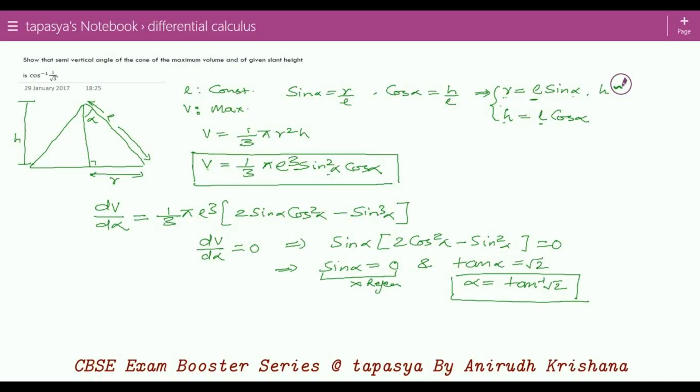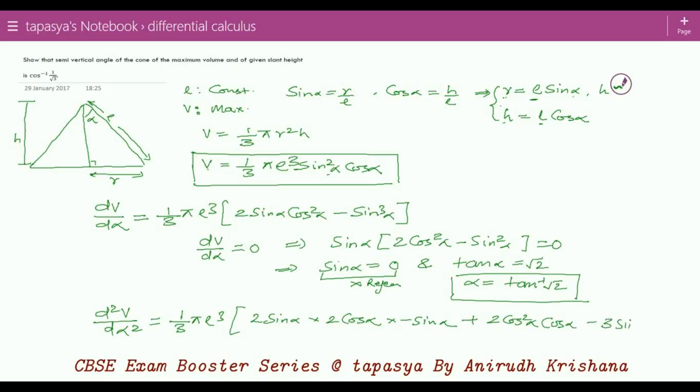So you follow the second derivative test, and find d square V upon d alpha square, which results in 1 by 3 pi L cube times 2 sin alpha, 2 cos alpha, and the derivative of cos alpha is minus sin alpha, and in the same way 2 cos square alpha, and the derivative of sin alpha is cos alpha, and minus 3 sin square alpha, and the derivative of sin alpha is cos alpha.